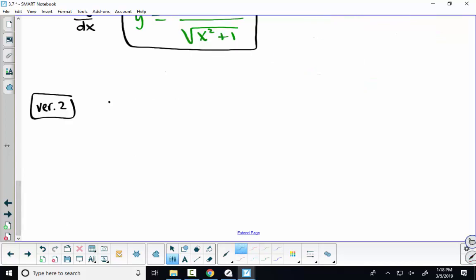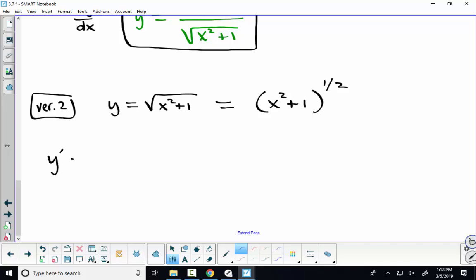Okay, version 2 with y equals the square root of x squared plus 1. We're going to think about that as x squared plus 1 to the 1/2 before we take the derivative. And second version's derivative says that we take the derivative of the outside, leaving the inside alone. So here's the derivative of the outside using the power rule.